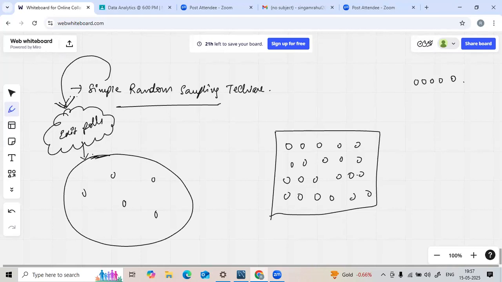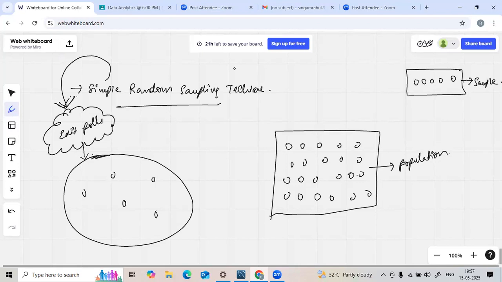Among those 5 balls, first thing first, we consider all the balls available inside this bucket as the population, and these 5 balls as the sample. Guys, everyone clear?